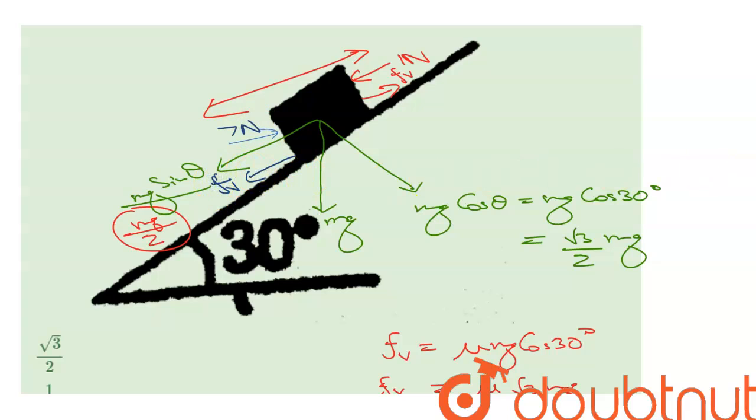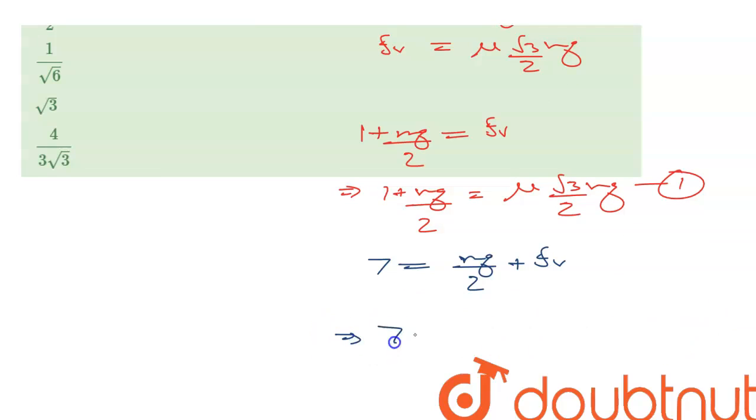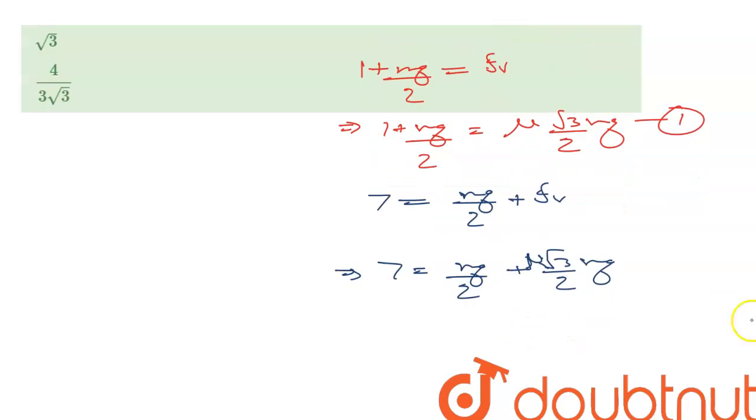So once again, if I try to balance it, there's 7 Newton which is pushing upwards, and then there is the mg sin theta component, mg by 2, that is pulling downwards, plus the frictional force, which means 7 is equal to mg by 2 plus root 3 by 2 mg times mu. So this is equation number 2.